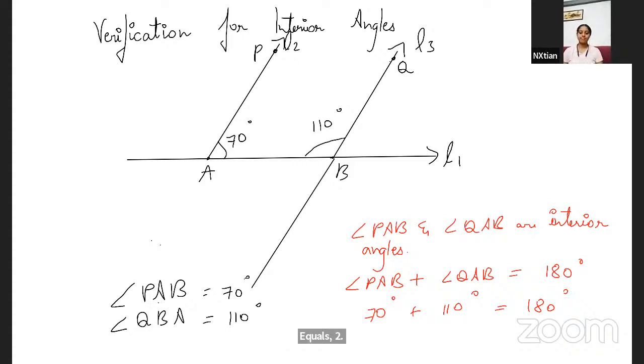Okay, hope this part is clear. Yes, ma'am. PAB and QAB should together make 180 degrees. Yes, that is right, Simeon. And this line now you can extend it with a dotted line. One minute.